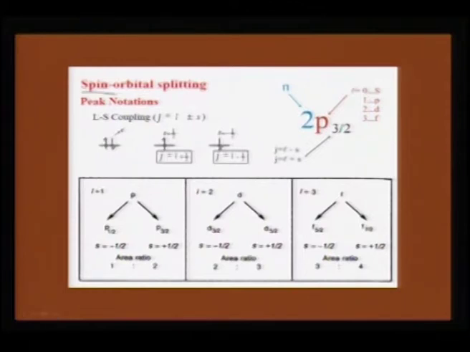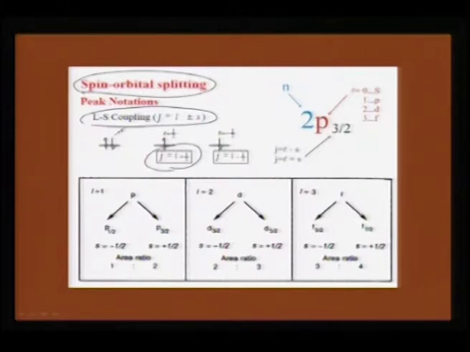So, this is the spin orbit coupling that we picked up from the earlier slide. The LS coupling is nothing but your J coupling, which is L plus or minus 1/2. So, if L plus 1/2 is there, then we talk about 1/2 or 3/2, or L minus 1/2 will be 1/2. This is the way it is denoted.